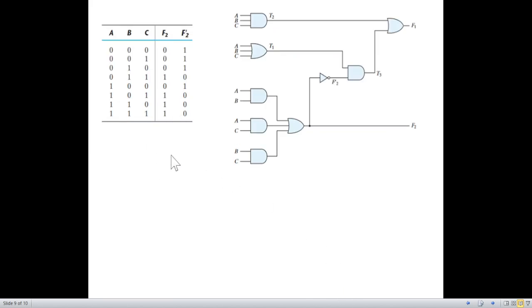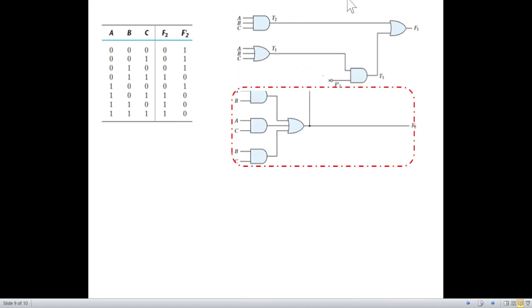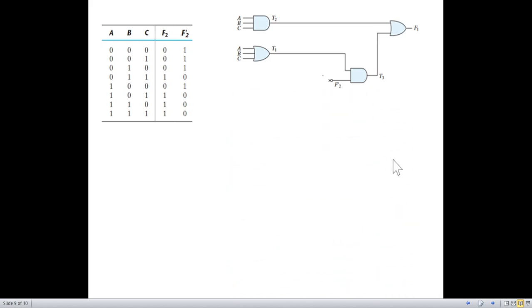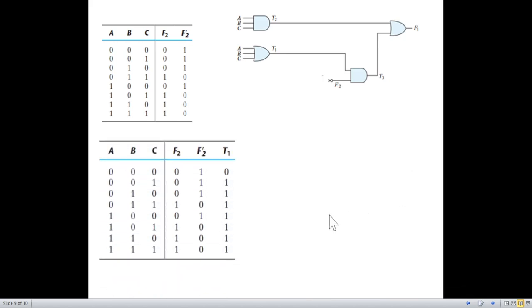Okay, so we were here. And now to go further, we will just delete this to make it easier looking. So our circuit will look like this, and we delete this one. Okay, and now we'll find T1 from here. Sorry, we have just added T1.